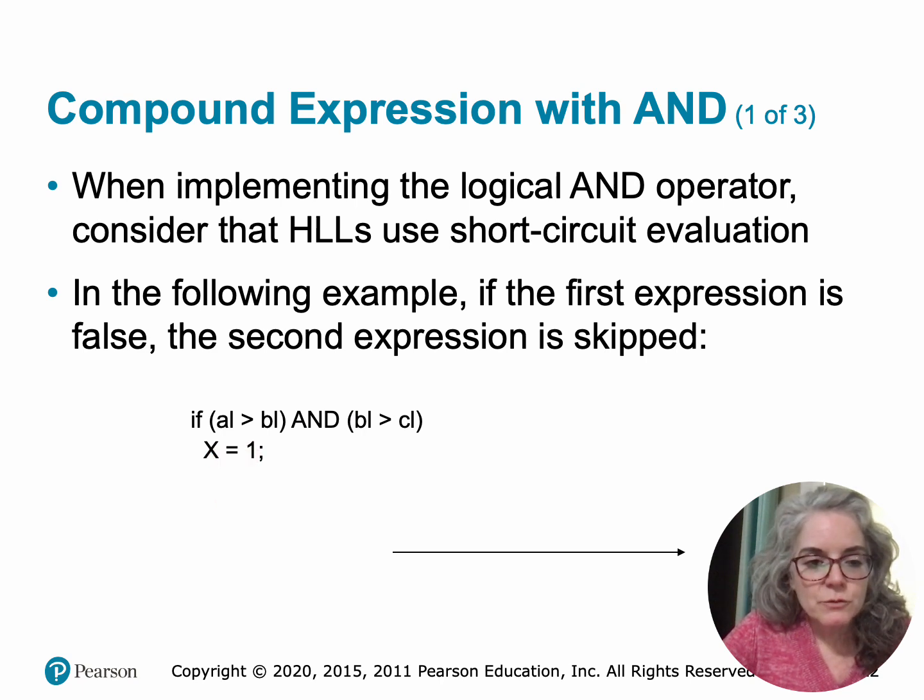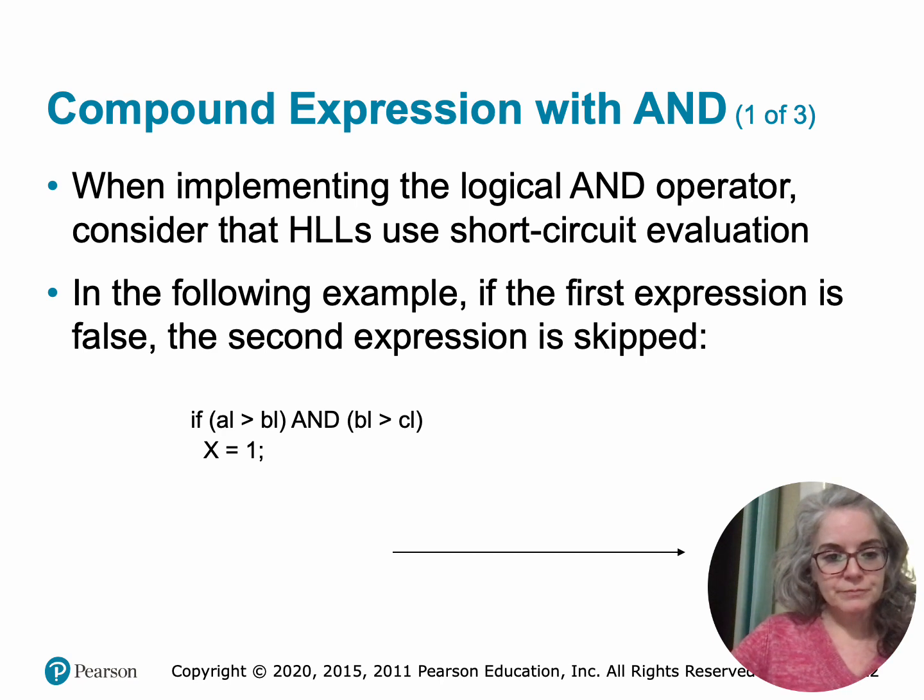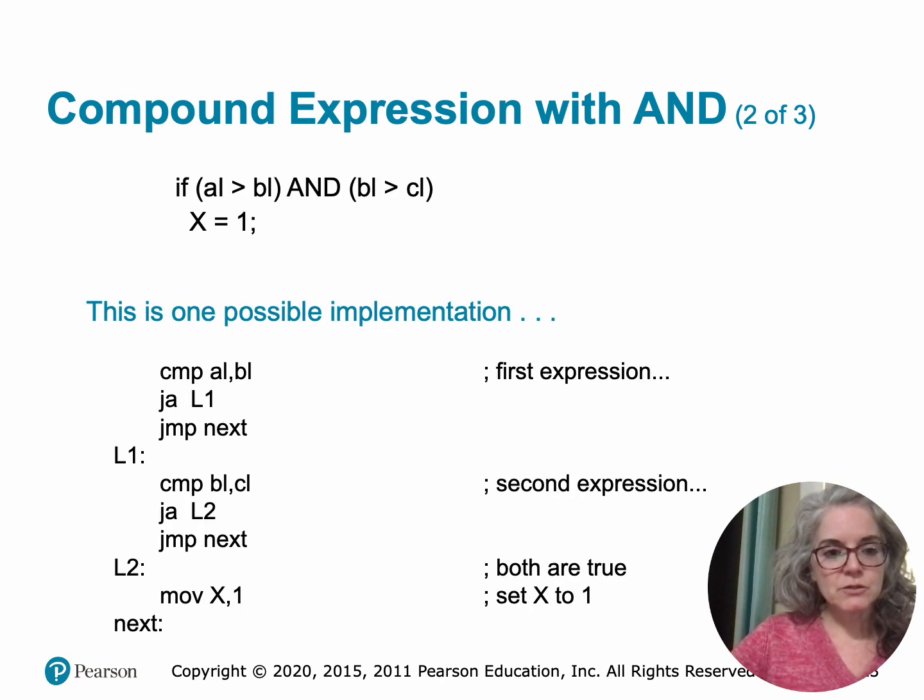So here's one way to do that compound expression with and. First we compare AL and BL. JA means jump if above, meaning is it greater than. So if AL is above BL, jump to L1. So if this is true, it now has to compare these two.